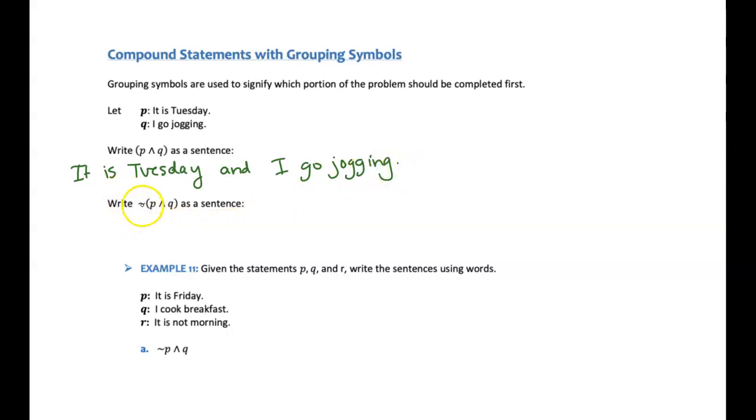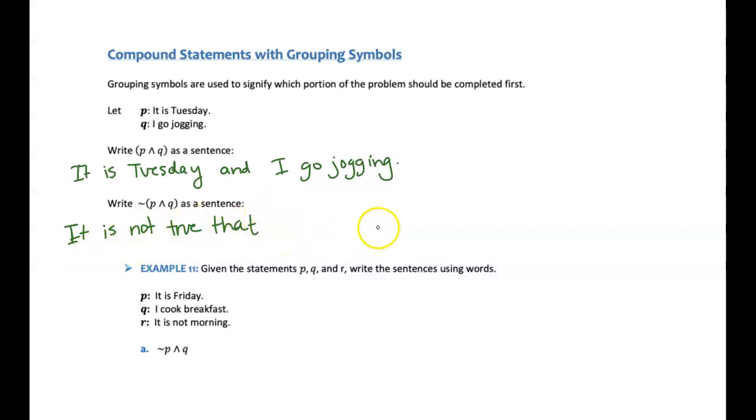In the second one, notice that there's a negation with parentheses. The negation outside the parentheses indicates that everything in the parentheses is negated. To write that in English, we would use the phrase, "It is not true that." And then that phrase would indicate the negation.